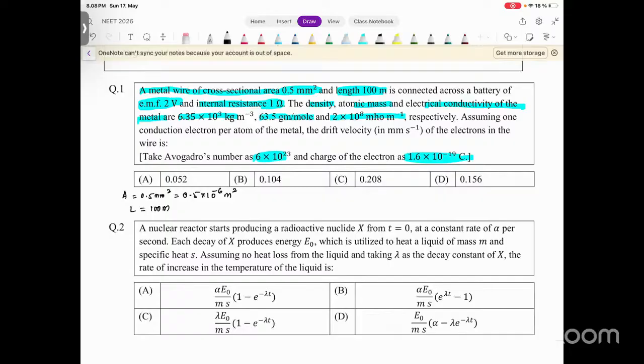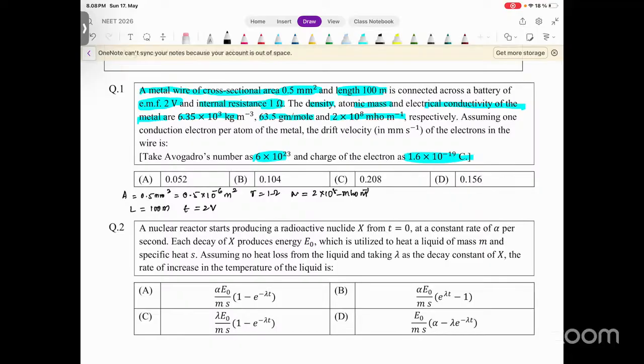Area is given, length is also given, and EMF is given for me. E is equal to 2 volt. Internal resistance is also given, 1 ohm. Conductivity is given, 2 into 10 to the power of 8 mho meter inverse.